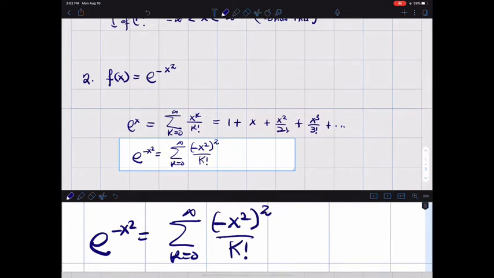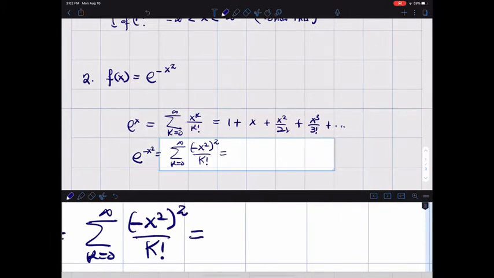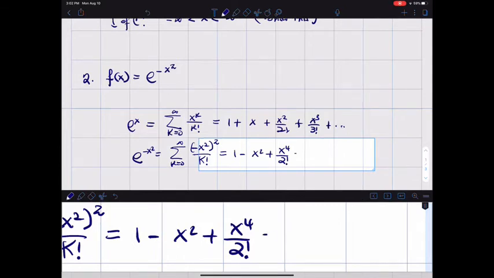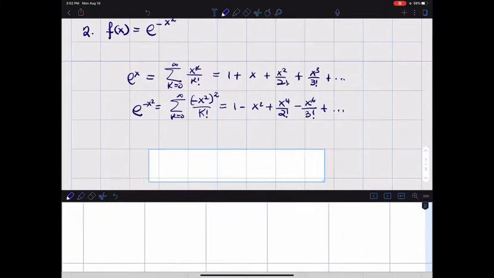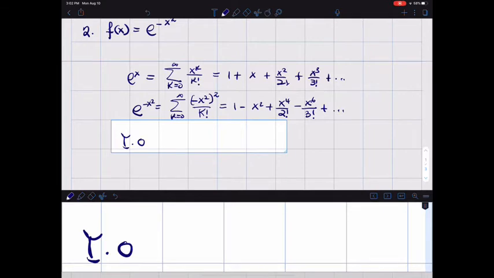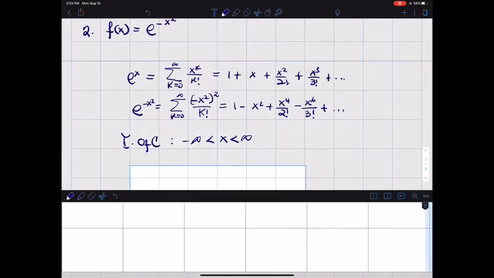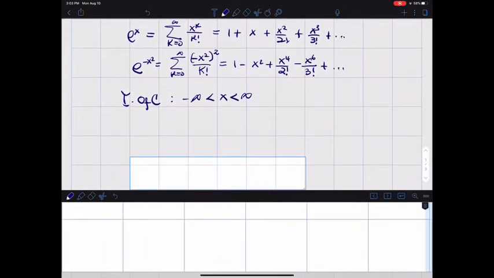This is going to be 1 minus x squared plus x to the 4th over 2 factorial minus x to the 6th over 3 factorial, etc. Again, the interval of convergence of this is negative infinity to infinity, and you should try and show this.